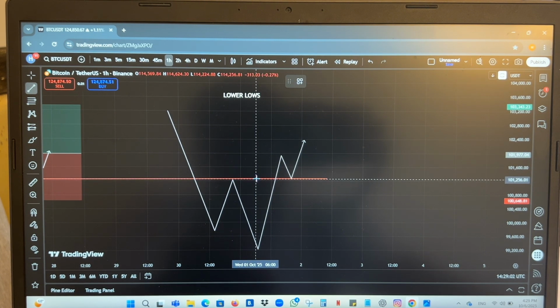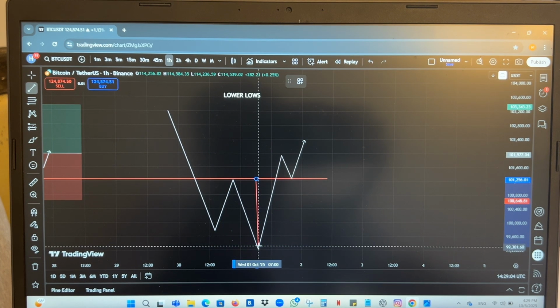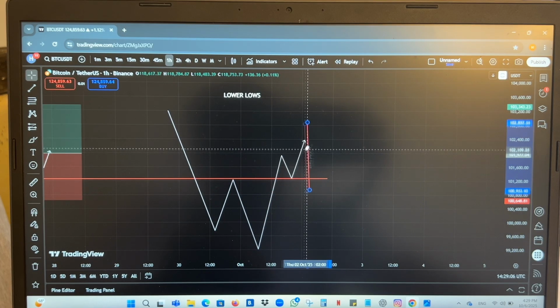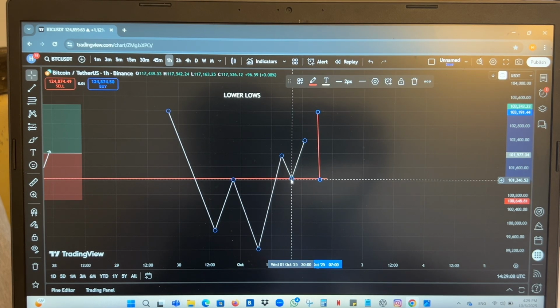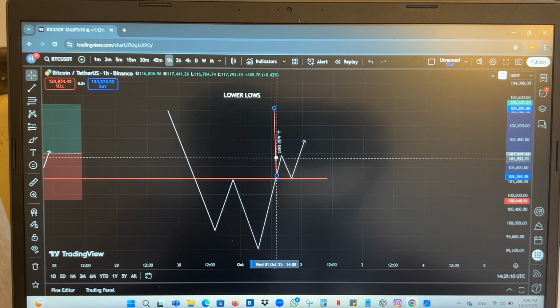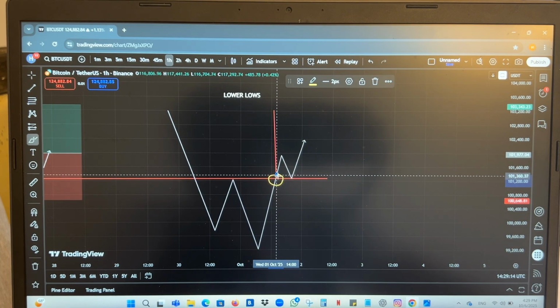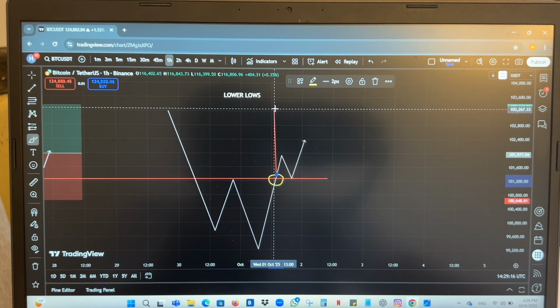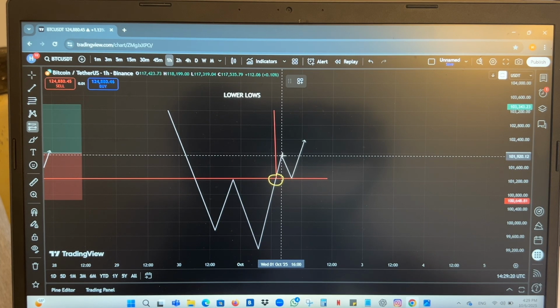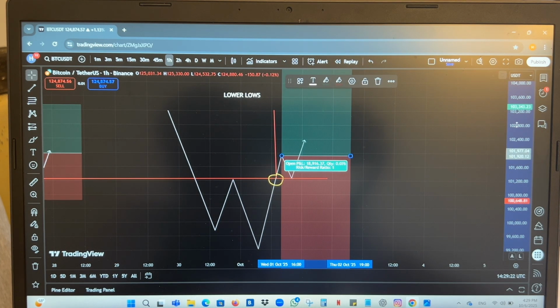Go for the lowest low, get the height of that, and put it to the point where it broke the neckline. It broke the neckline right over here, so we put that length from here to here. Now we have a clear idea where to put the TPs.